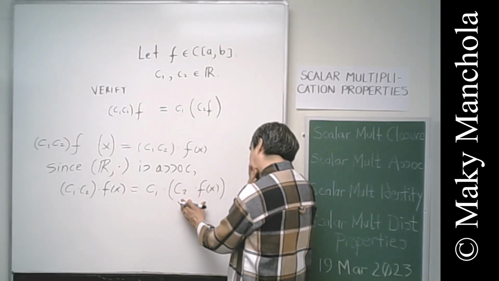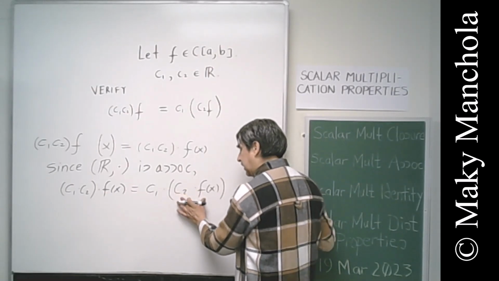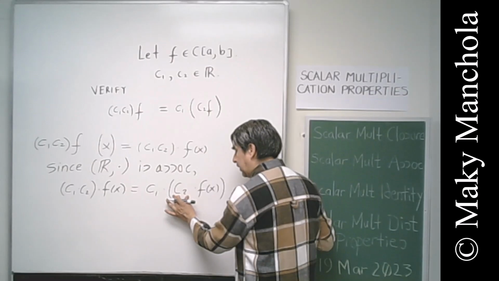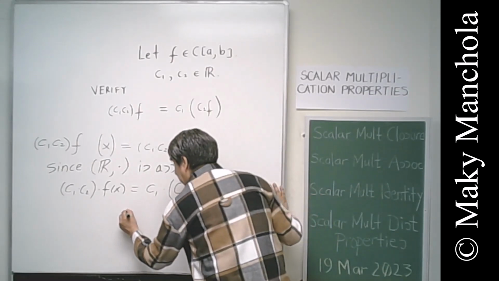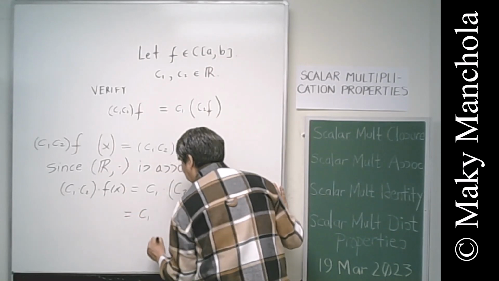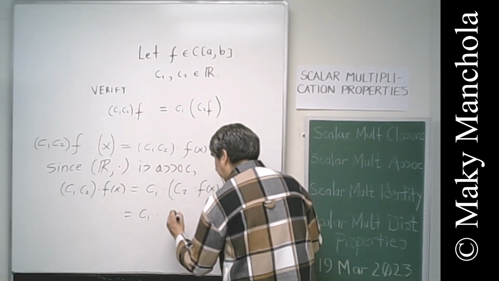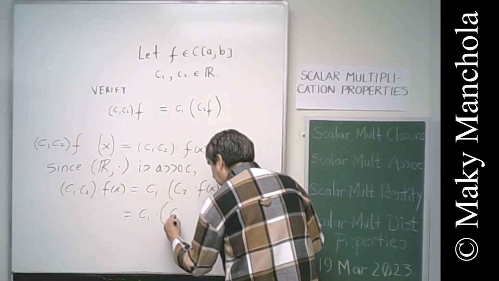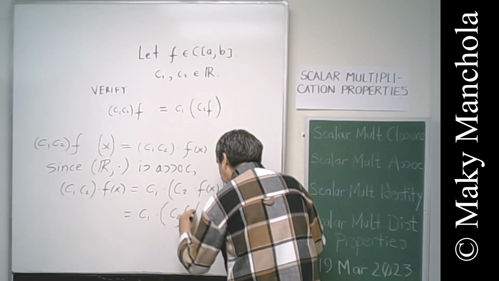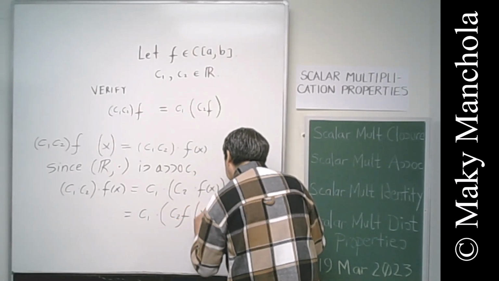What's inside the parentheses, excuse me, is the scalar multiplication of c2 and the function f evaluated at x. So you get c1 multiplied by the function c2f evaluated at x.